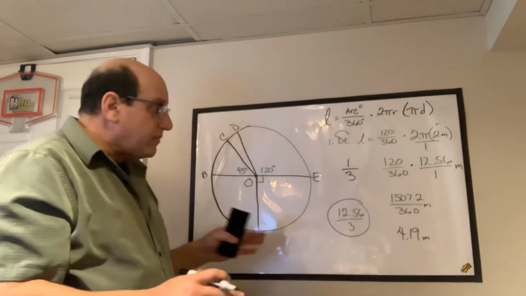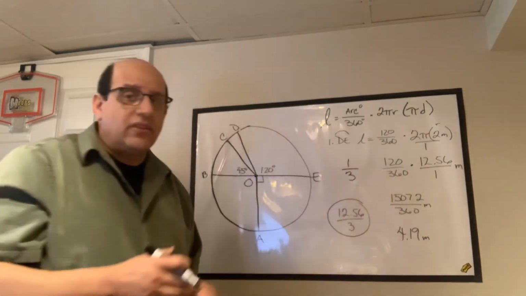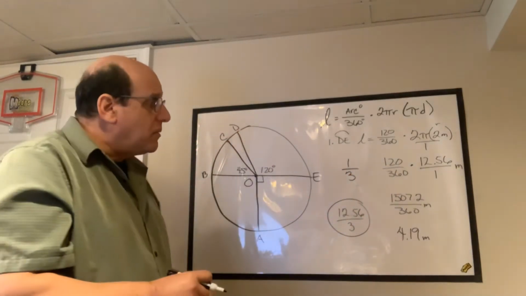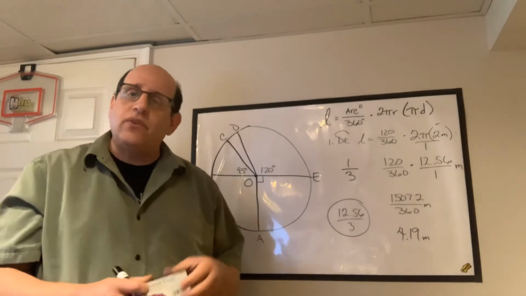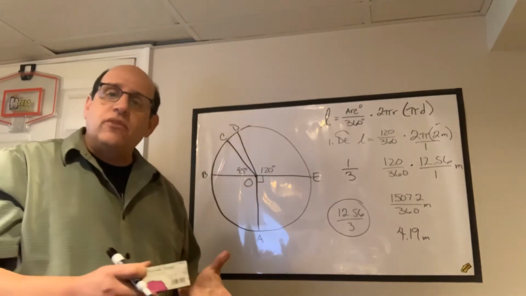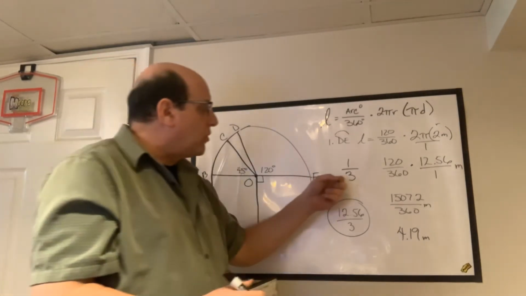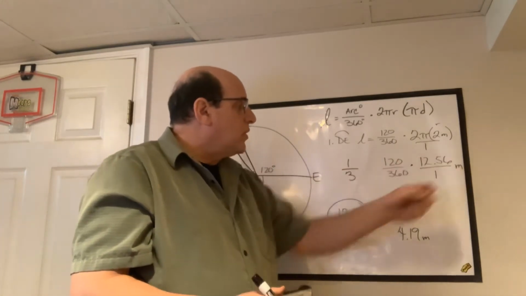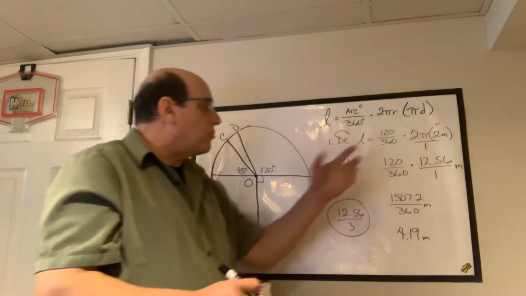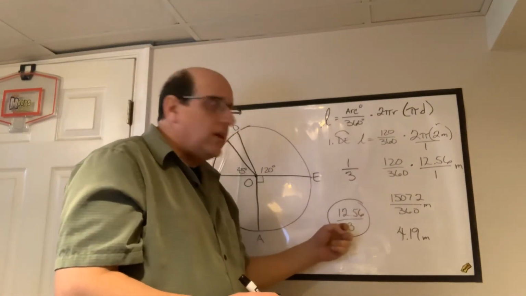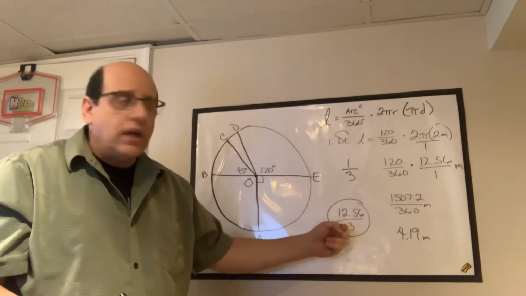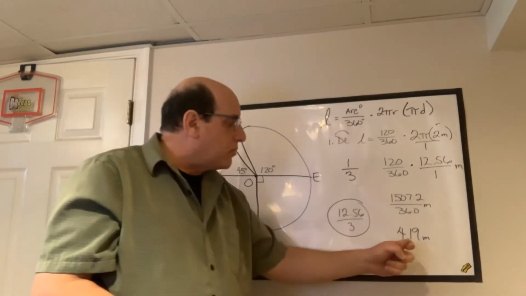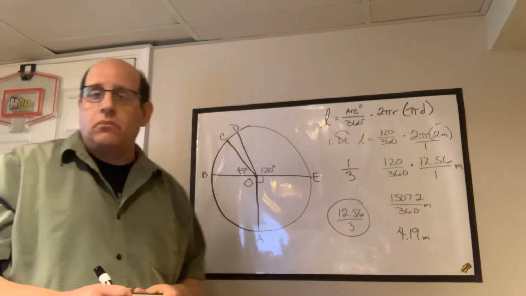Okay? These two things are exactly the same. If you can do that in your head, or if you find a way to do that, it's totally fine. You can simplify now. I'm just multiplying 1/3 times 12.56, or 12.56 divided by 3 is what I wrote down here after I found my third. And guess what? It gives you the exact same number.